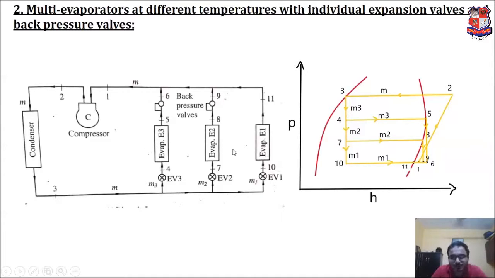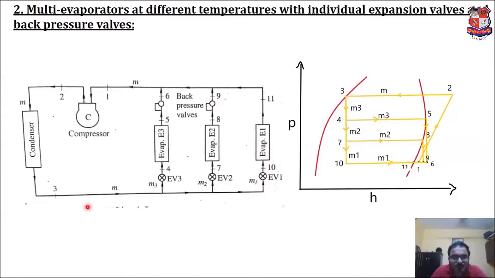So here if you see we will begin from point number 2 to understand this. So from point 2 to point 3 we are having condensation process. Then from point 3 there is a division of mass.